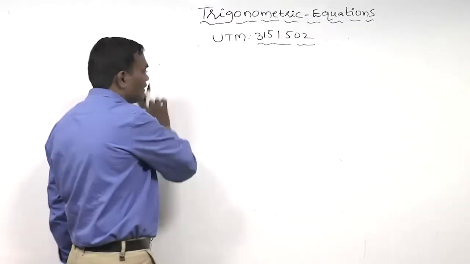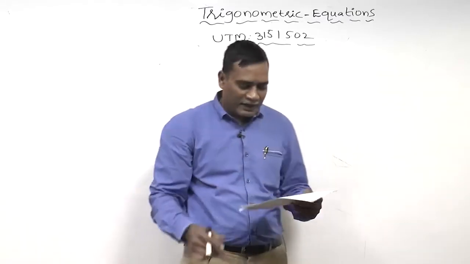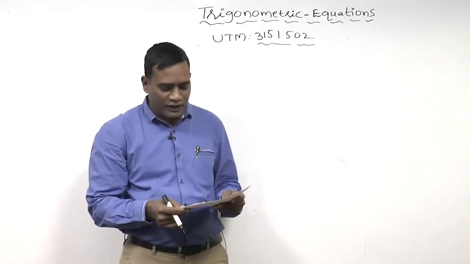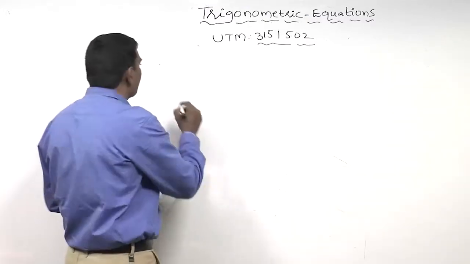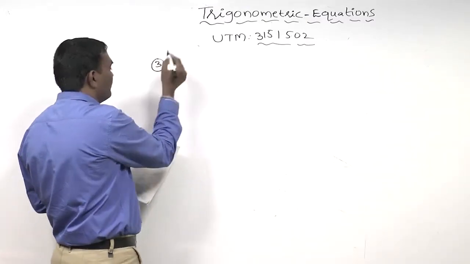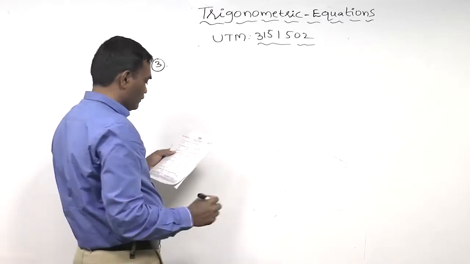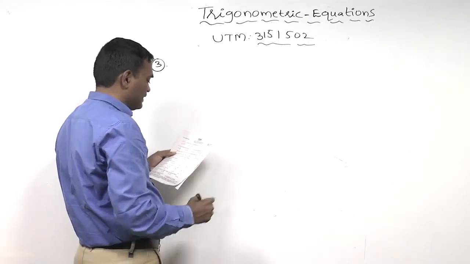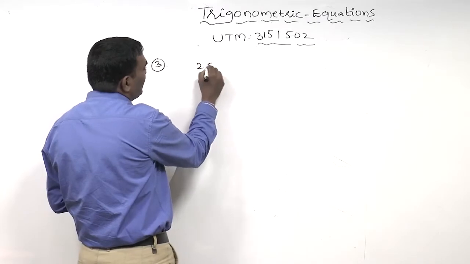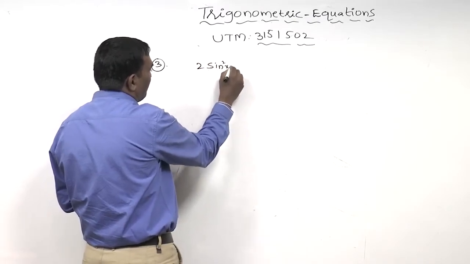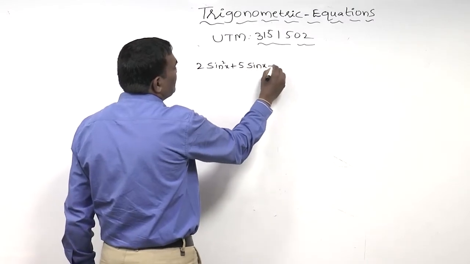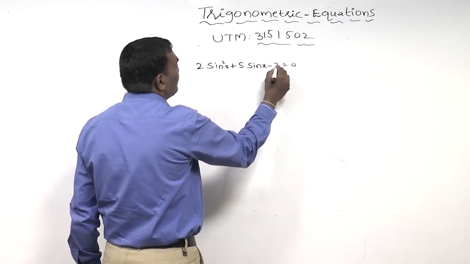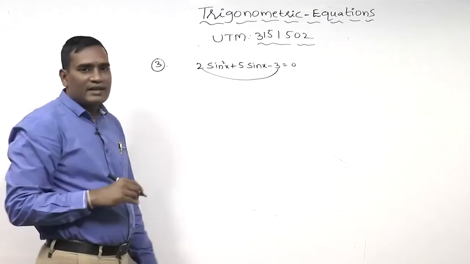Write the factors. Getting any factors? Yes, 3 times 2 is 6, 6 times 1 is 6.